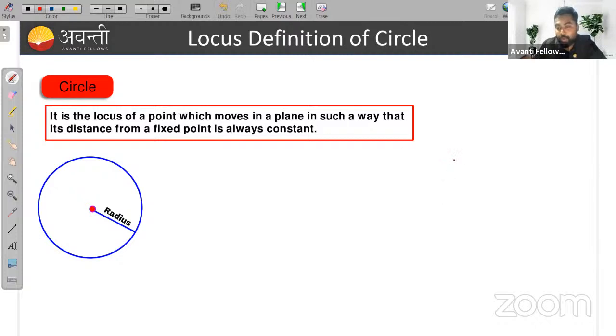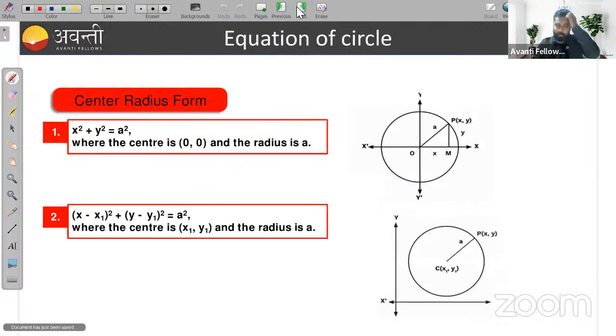Suppose here I have a point and this is my fixed point, then I will move this point in such a way that the distance between the fixed point and the moving point will always be fixed, constant. Then the geometrical shape you are getting is called a circle. So this is the locus definition of circle, and this is known as the radius of the circle.